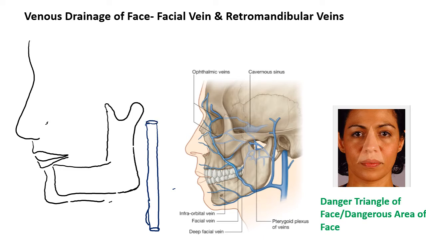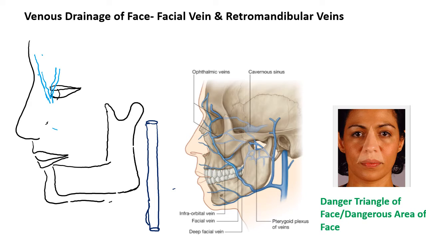Now, the facial vein is formed at the medial angle of the eye. So let's put in the eye. It is formed at the medial angle of the eye by the union of the supratrochlear and the supraorbital veins.